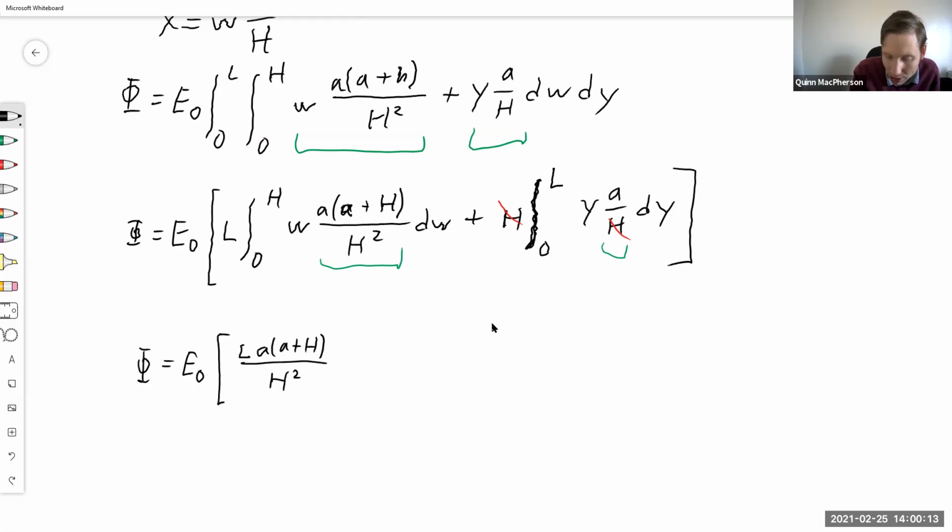All that constant comes out. Integrating w dw gets w squared over 2, from 0 to h, plus a. Same thing here. Integral y dy gives y squared over 2, 0 to L, like so.